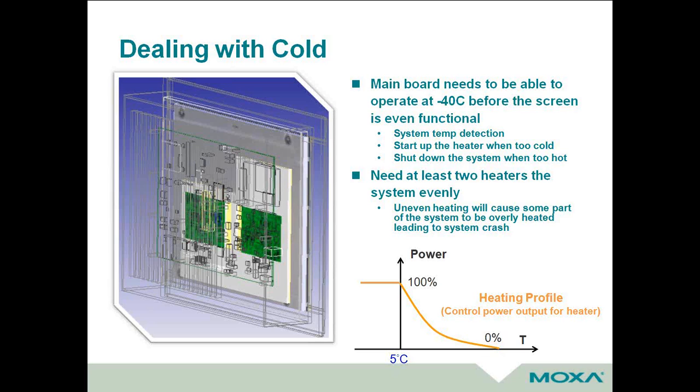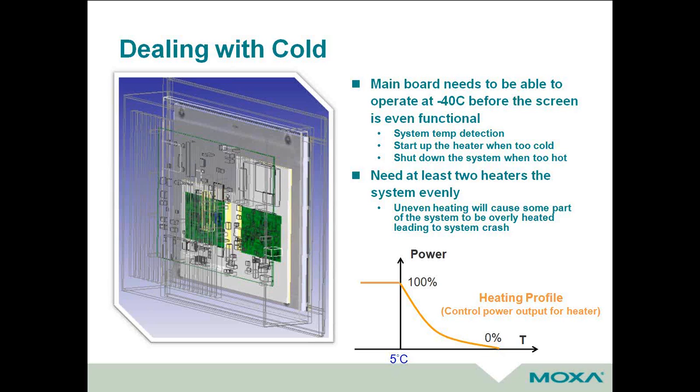LCD is liquid crystal display, so that freezes. Liquid freezes, as we all know, and once it hits 0 degrees Fahrenheit, 20 degrees Celsius, I'm sorry, reverse that, you're going to see the whiteout, as I showed in the earlier slide.